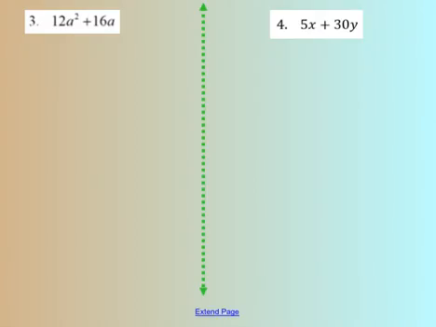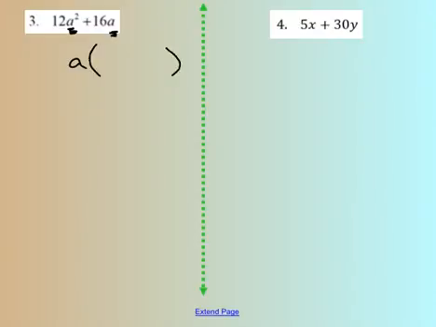So I see 12a squared plus 16a. The first thing I usually look for is the variable. We have 2 a's in the first one and only 1 in the second one, so I know the first one's going to be a.